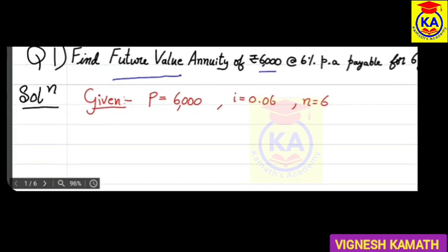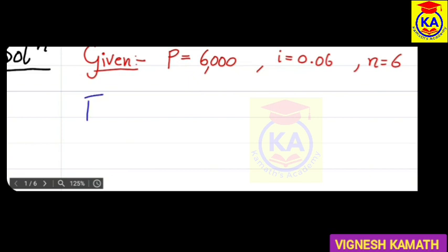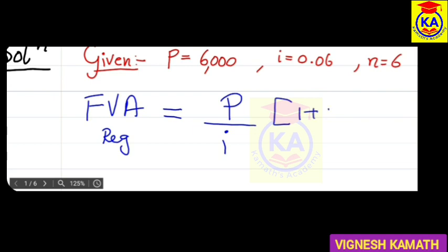So future value of annuity regular or immediate is equal to, we'll use that formula, P by I into (1 plus I) to the power n minus 1.